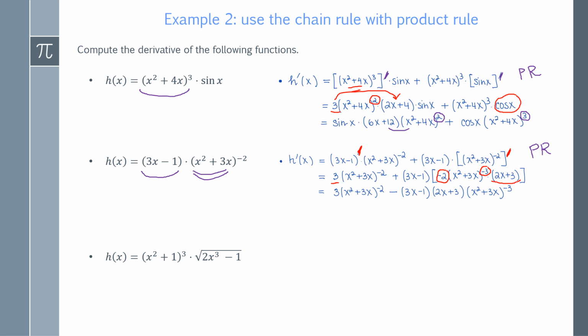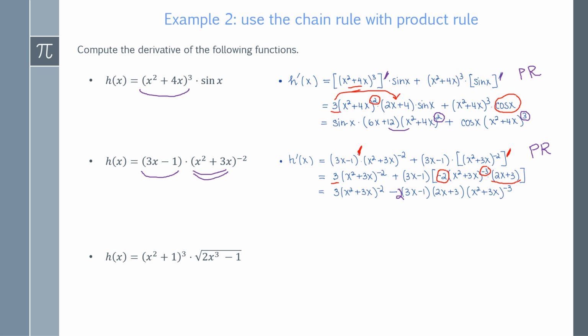Okay, so what do we do here? We need to clean this up a little bit. For the first term, nothing can be simplified, so I just left it as is, and then I pulled out the negative, and I need to put the 2. I missed my 2 when I wrote out the solution. So negative 2 times (3x minus 1) times (2x plus 3) times (x squared plus 3x) raised to the negative third power.